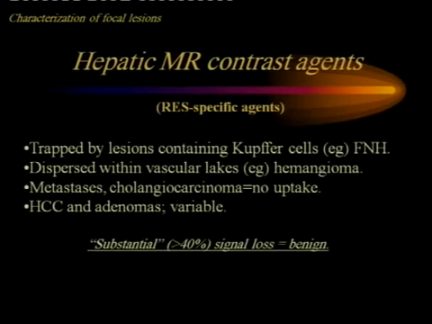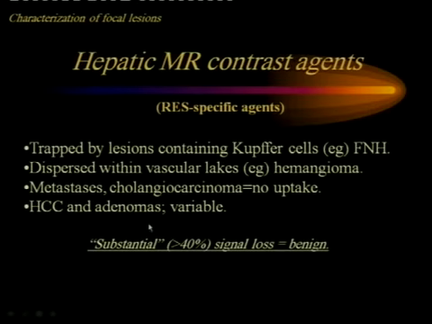Reticuloendothelial-specific agents are the second category of agents that can be used in MR imaging. These are trapped by lesions containing Kupffer cells, such as FNH. They're dispersed within vascular lakes, such as hemangiomas. Metastasis and cholangiocarcinoma do not pick up these agents because they do not have reticuloendothelial system cells.